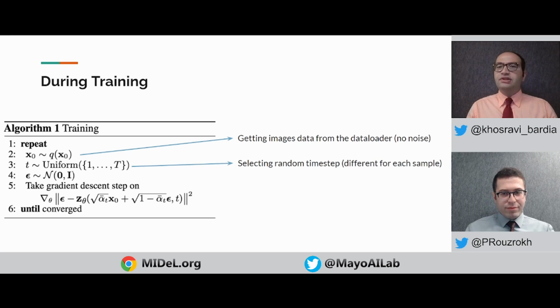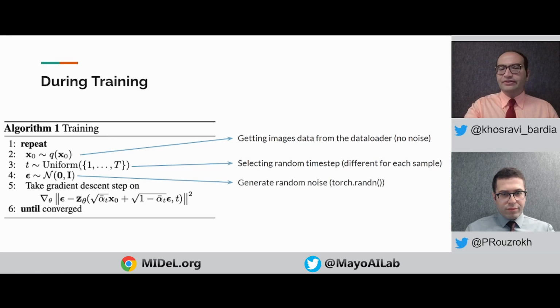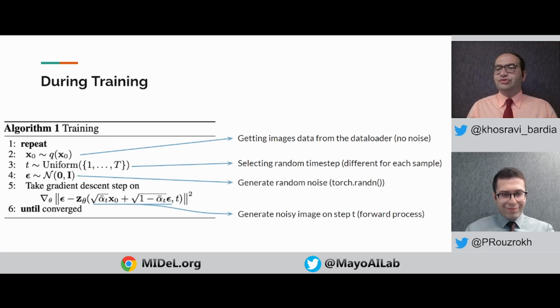The epsilon will be the noise that will be added to your image, and it will be a random sample from a normal distribution. And finally, at the second part, if you remember this equation, it's just creating the noisy image at step t. That is the forward process, it's calculated, nothing goes through your network. So this is already what you know.